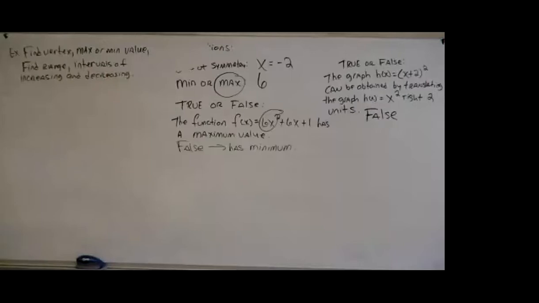So really the new thing, we don't do a lot of range in the beginning, and we really haven't done much on this increasing and decreasing. But I will say this, when you're looking at increasing and decreasing, read that graph left to right. Because usually the x-axis is time, and we always go to the right for our time, we don't go backwards, okay? So first, let me put the equation.